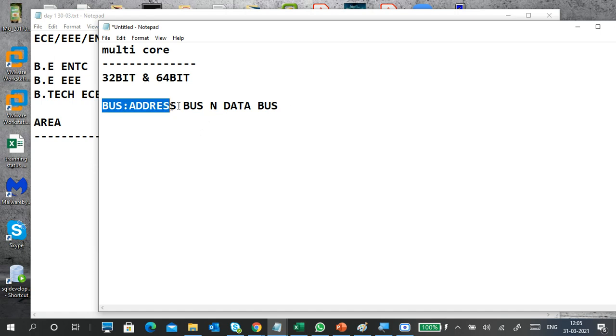So usually the bus width will tell us what bit processor it is. Another one is the instruction bit length.